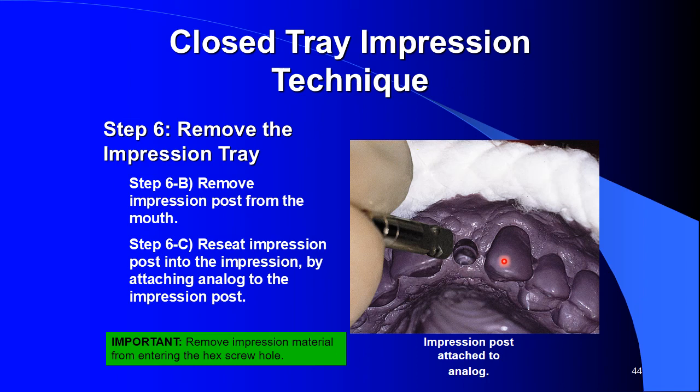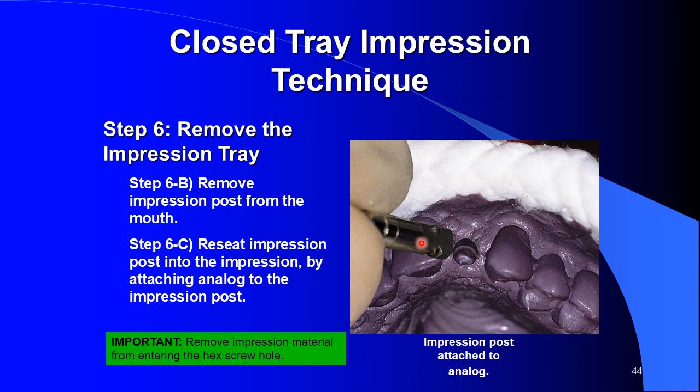After that, we remove the impression post from the implant in the patient mouth, and it must be reseated in the impression by attaching an analog to the impression post.